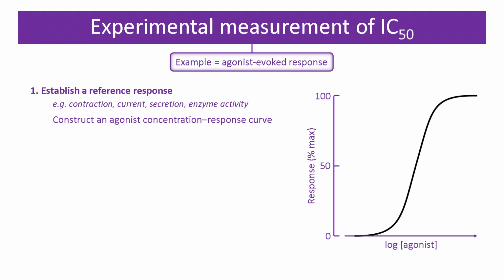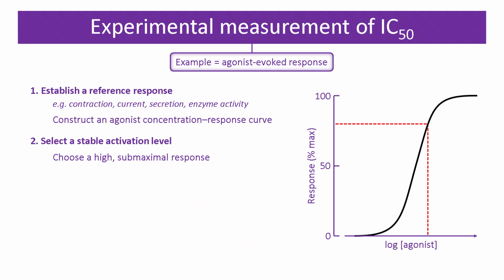Next, a single agonist concentration is selected that produces a stable response. It's best to choose a high submaximal level of activation, typically near the top of the curve, around 80% of the maximum, so that reductions in response can be detected clearly.